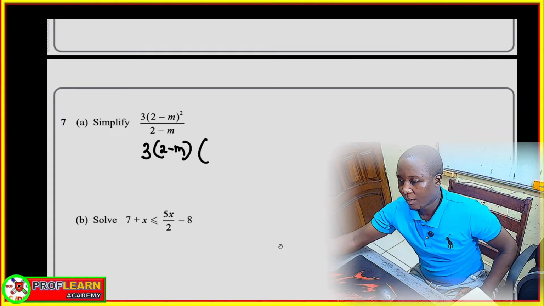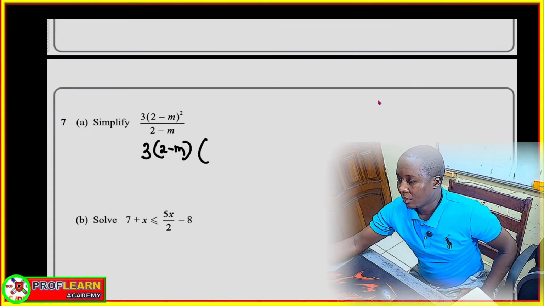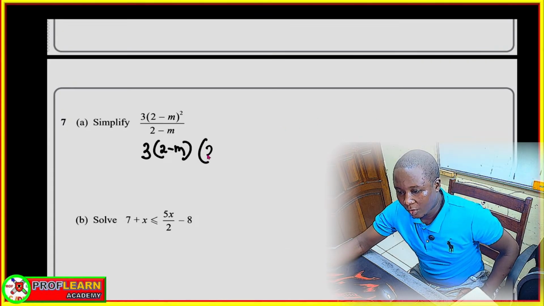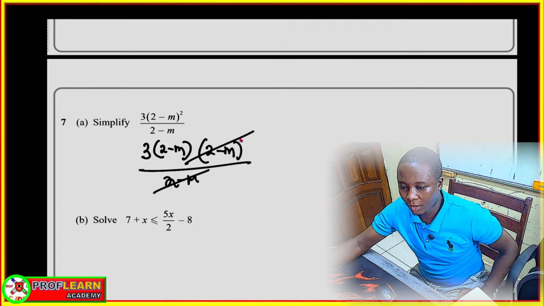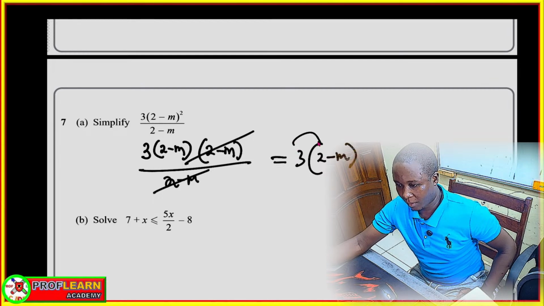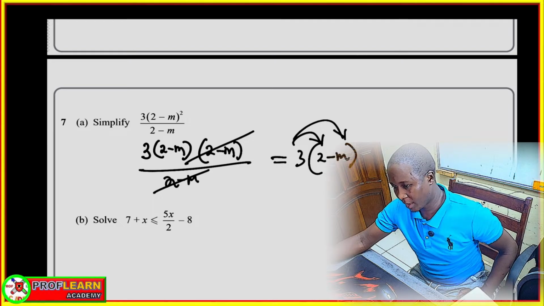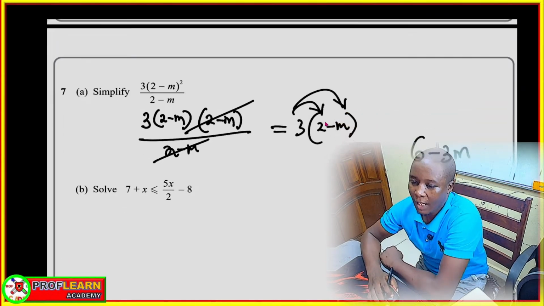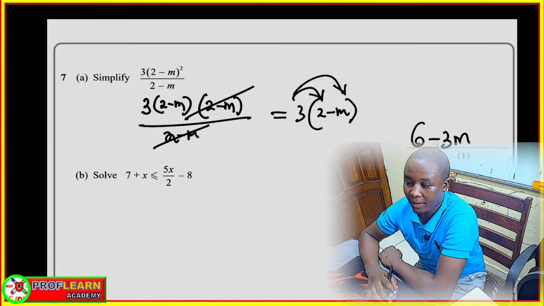We have 2 minus m here also over 2 minus m. This and this will cancel out. Then if you expand here, you have 3 times 2, and 3 times minus m. This becomes 6 minus 3m. That becomes our final answer in that particular case.